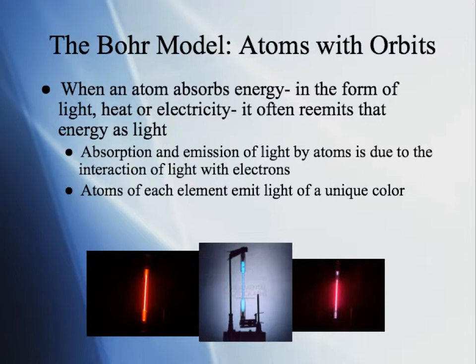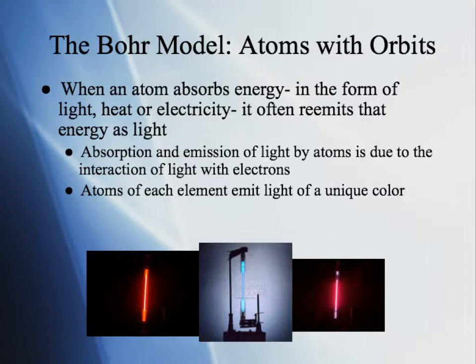If you remember from general chemistry, hopefully your teacher did those flame test labs where you put different substances in flame to heat it up, to add energy to those atoms, and the flame turned different colors because those atoms in the substances were absorbing energy and releasing it as light. So absorption and emission spectrum of light by atoms is due to the interaction of light with electrons.